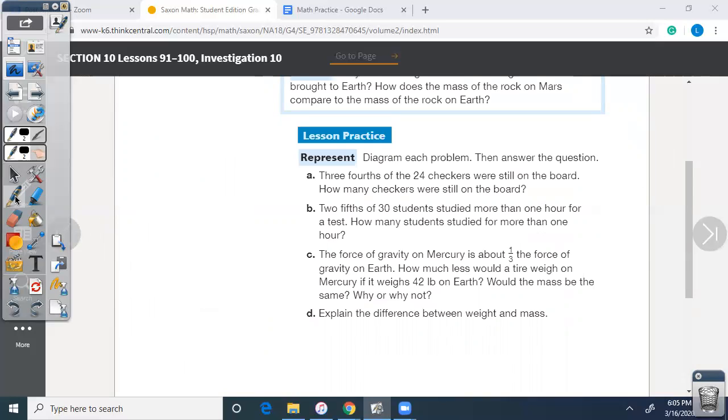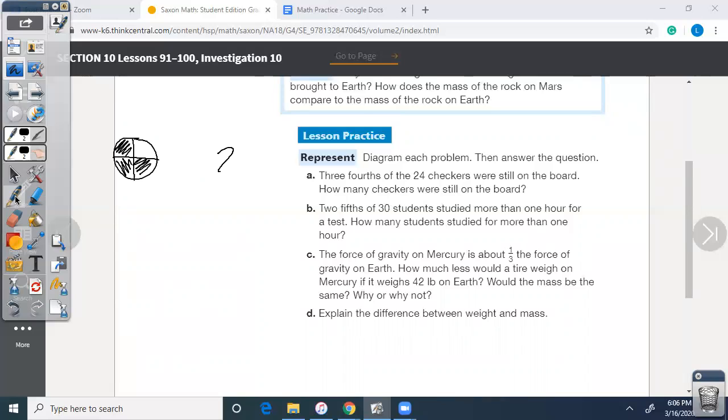Okay. So 3/4 of the 24 checkers were still on the board. How many checkers were still on the board? All right. Well, remember, we just want to show you what we're doing. So we're talking about 3/4. That means 1, 2, 3/4, right? So 3/4 of the 24 checkers.